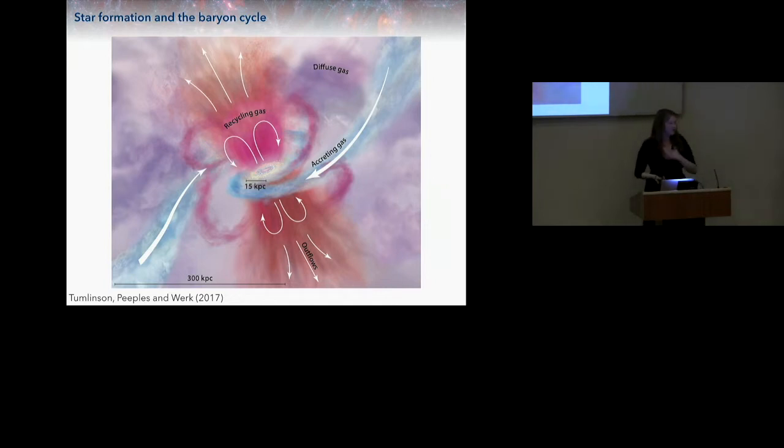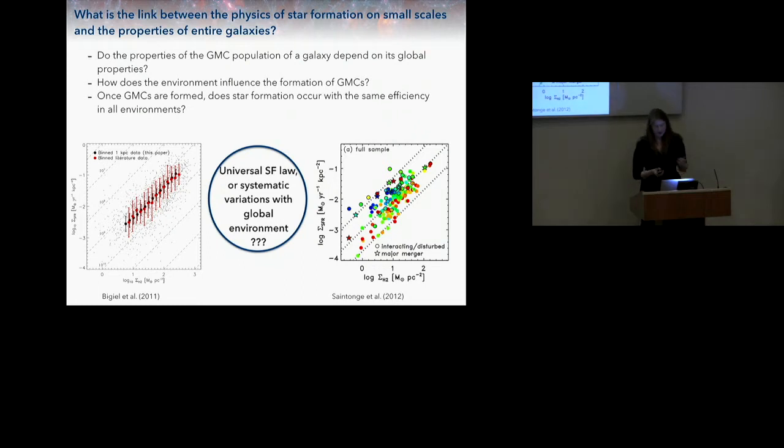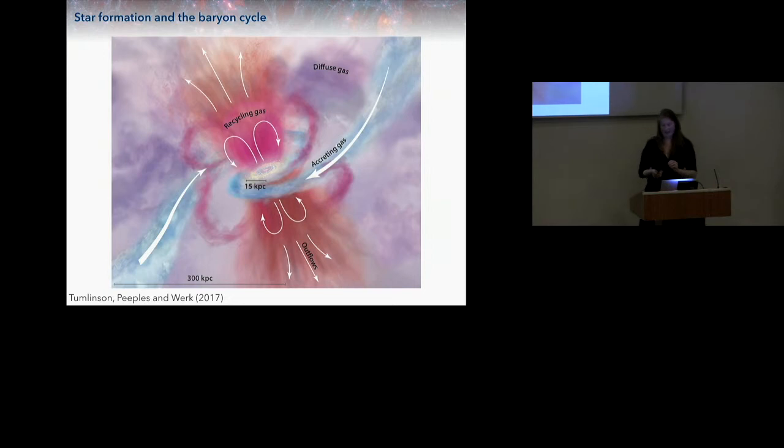And so we have this constant dynamic cycling of material in and out of galaxies. So it's quite a change in our perception of galaxies, from being things that formed all at once early on in the history of the universe to these things that are constantly evolving through these gas cycles.